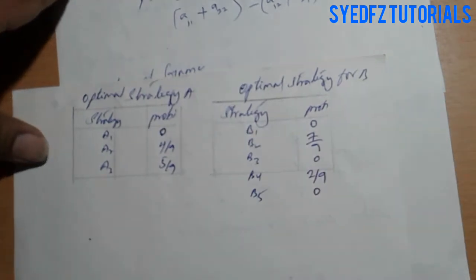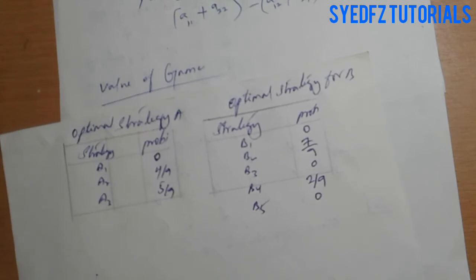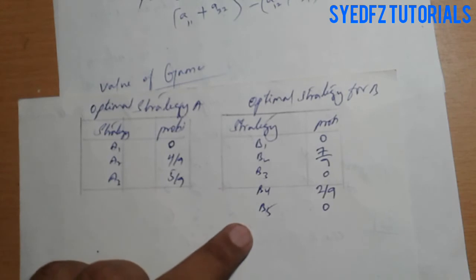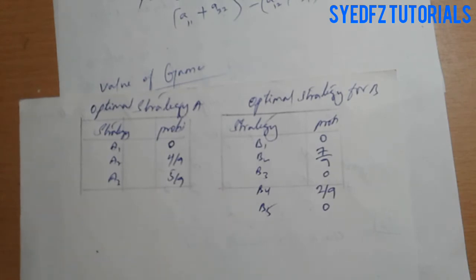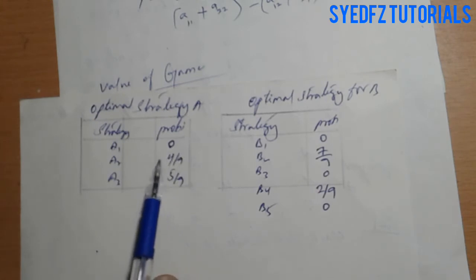This is the player A and player B optimal strategy. B1, B3, B5 is 0 because it is eliminated, and A1 is eliminated. That's why we already kept 0 here. This is how we solve the game by the dominance property, or dominance strategy.